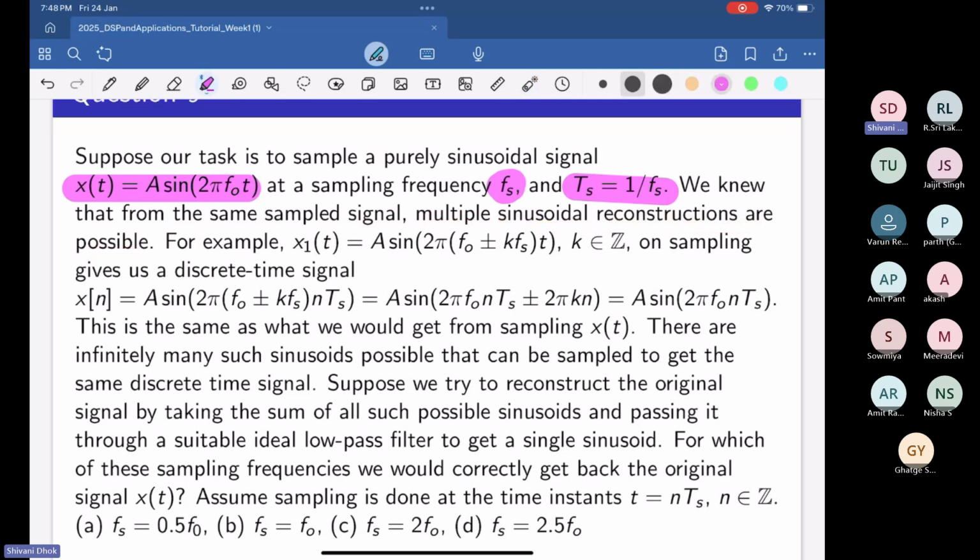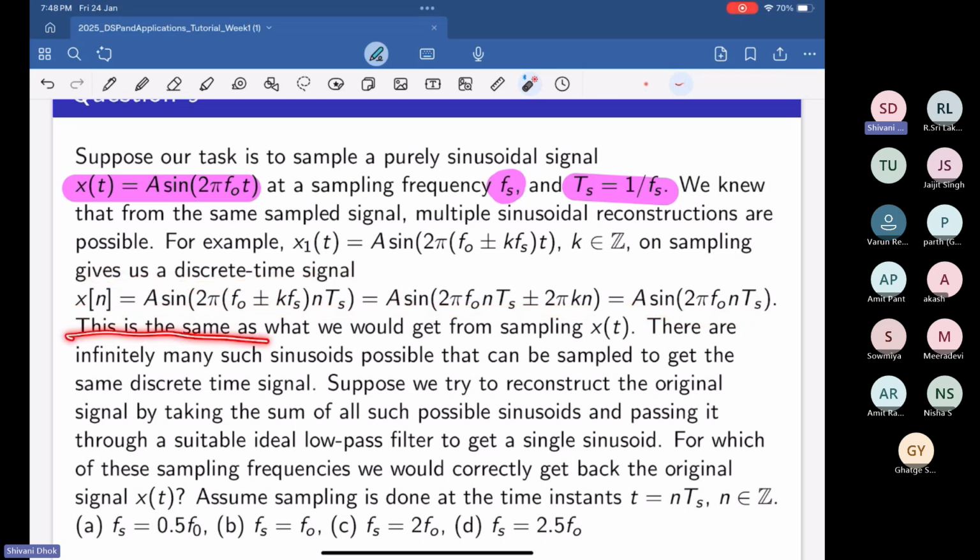For example, x1 of t equal to a sine 2 pi f naught plus minus k fs t, on sampling gives us the discrete time signal x of n, which is a sine 2 pi f naught plus minus k fs n ts, which is a sine 2 pi f naught n ts plus minus 2 pi k n, and that is a sine 2 pi f naught n ts.